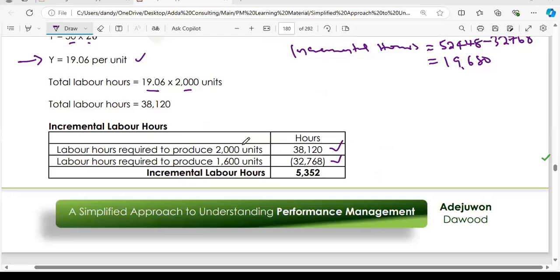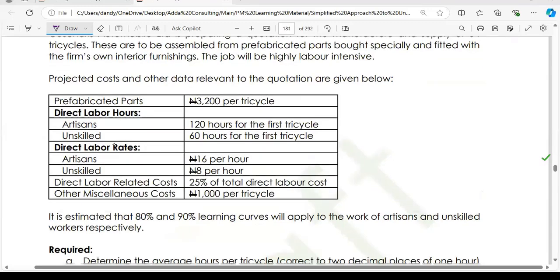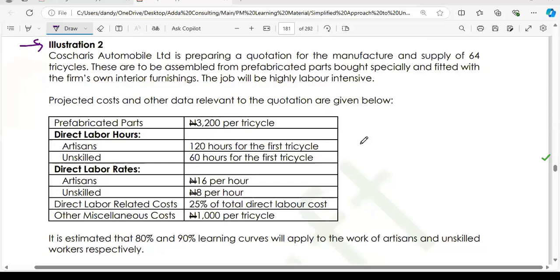Let me see. Yes, this is a good one too. Let's have this illustration number 2. Somebody should read for us, please. Yes. Costaris Automobile Limited is preparing a quotation for the manufacture and supply of 64 tricycles.